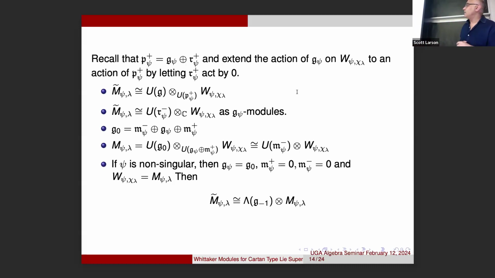It's infinite dimensional, but it's basically M times a finite dimensional vector space. Of course, when psi is non-singular, M tilde is the exterior algebra on G minus 1 tensored with M, where M is what we call the induced module for G0 from G psi.